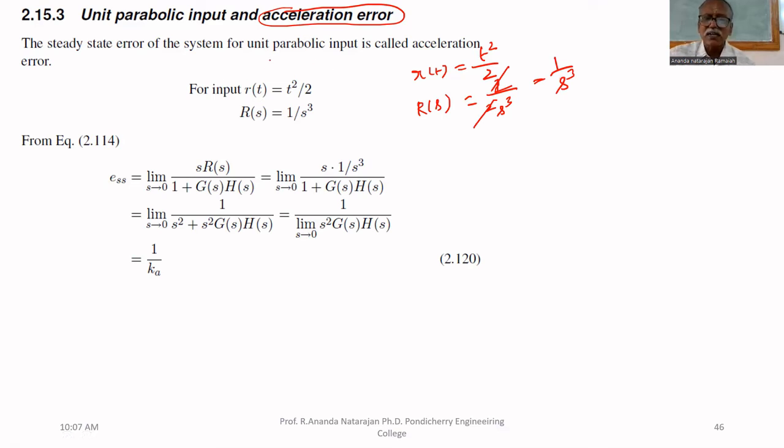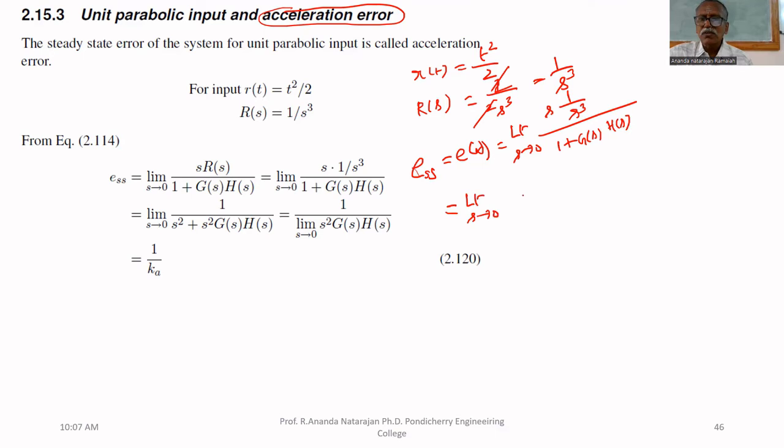For that, what is the steady state error? Steady state error, that is E of infinity, equal to limit s tends to 0, s multiplied by R of s upon 1 plus g of s h of s. R of s is 1 by s cube. That is equal to limit s tends to 0, 1 upon s square plus s square g of s h of s.